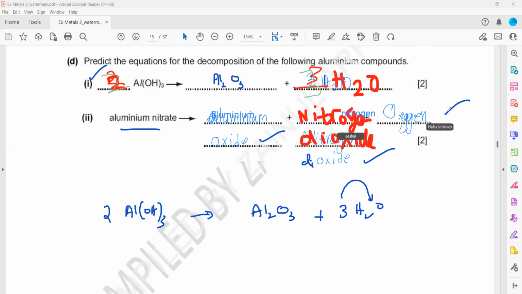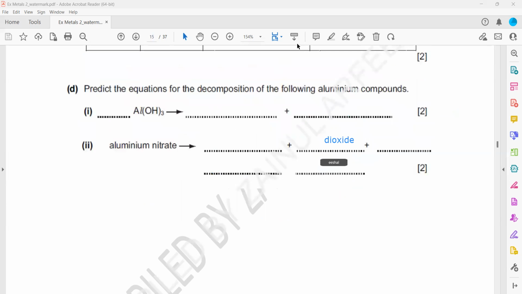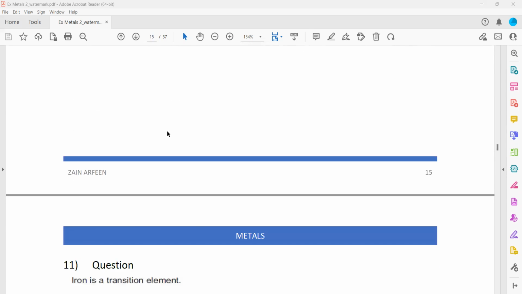And then one of the products will be oxygen. So whenever a metal nitrate is heated, it gives nitrogen dioxide plus oxygen plus metal oxide. The full name, nitrogen dioxide.